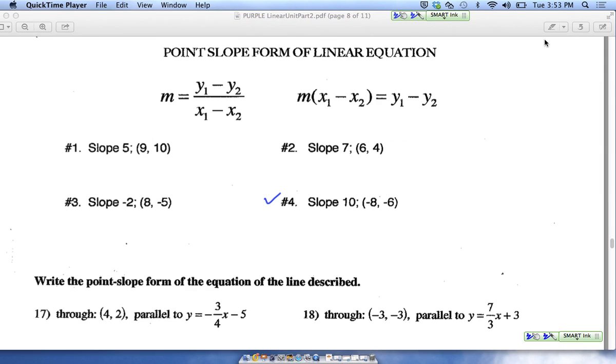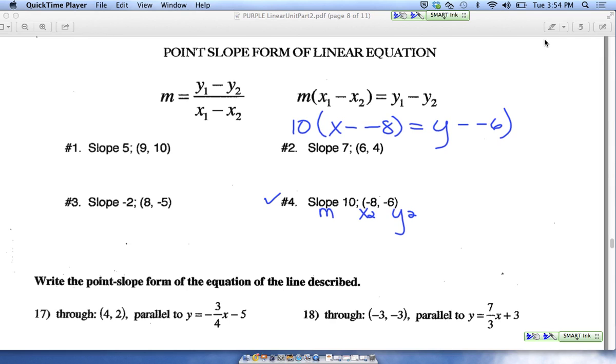Number 4. Well, my slope is 10, so that's m. X sub 2 is negative 8, and y sub 2 is negative 6. So to arrange this in the formula, I would have 10, and then I would have x minus negative 8, and that equals y minus negative 6.